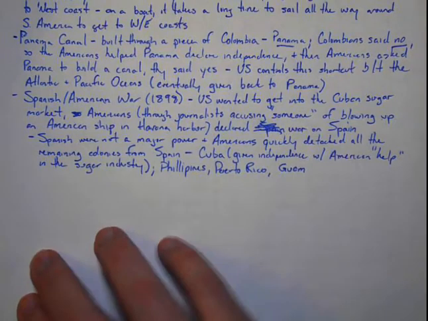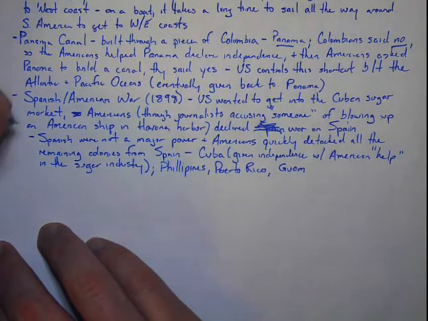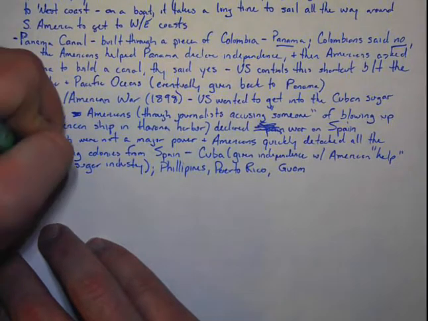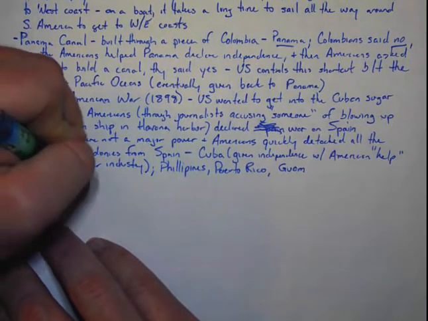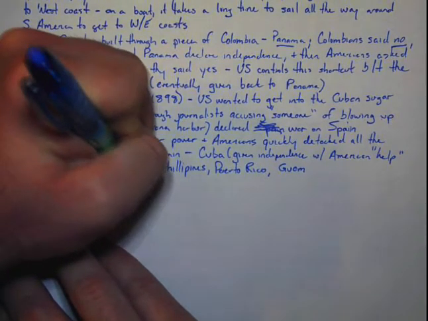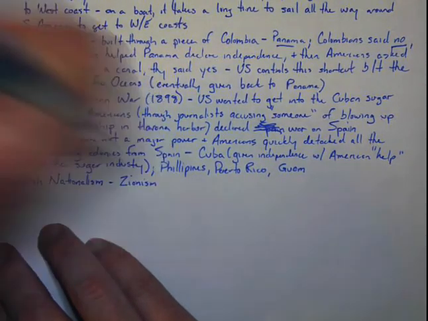The other unique 19th century nationalism is Jewish nationalism. And this is also called Zionism.